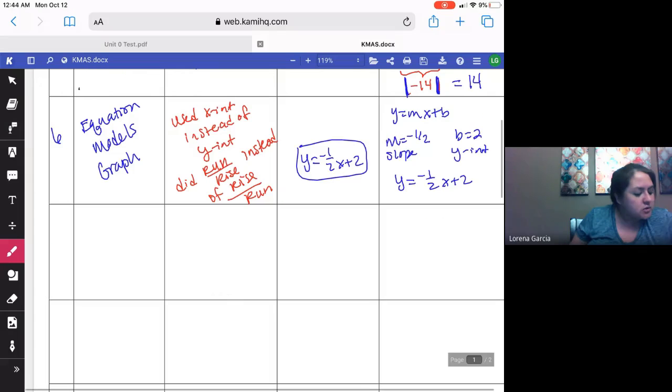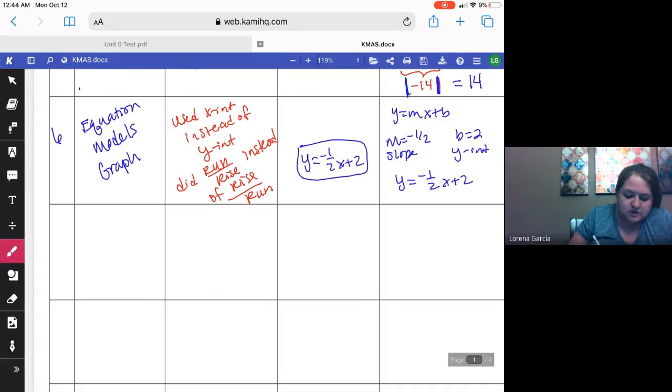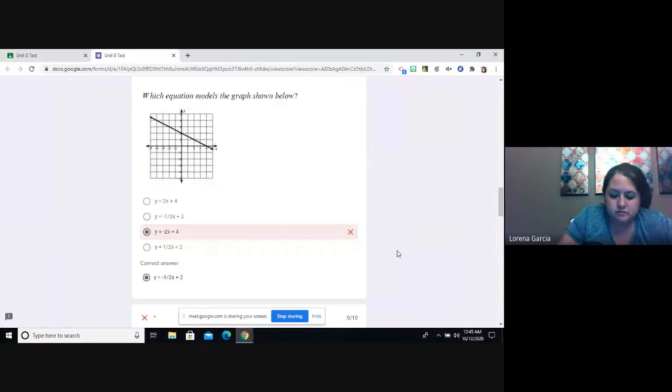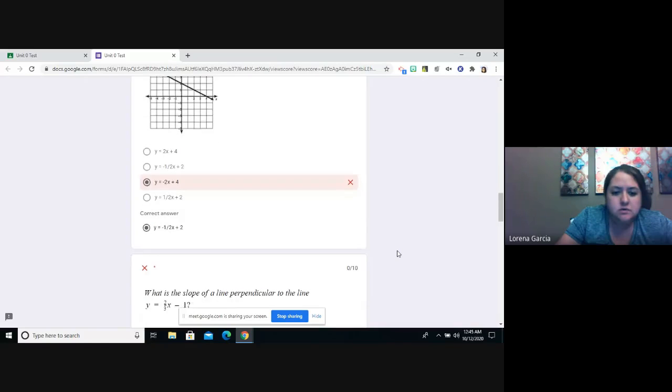Now, the last question that a lot of students made a common mistake on was number 7. Again, I'm going to use this student's test to model. So let's go ahead and look at number 7 on this student's test.